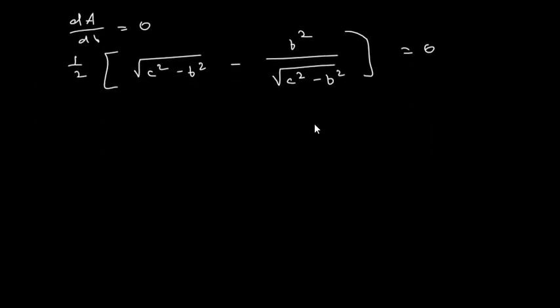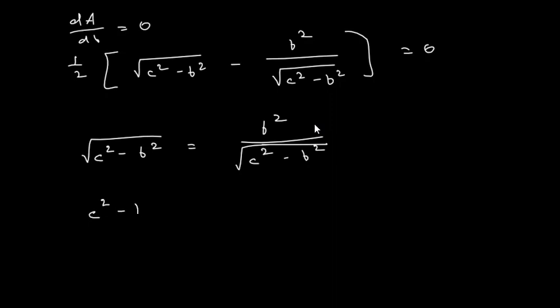So this gives us, we will move this minus term to the right hand side. First this 2 will go there and it will become 0. So we have root of c square minus b square is equal to b square upon root of c square minus b square. Okay, so this is inside root. This root will come here and we have c square minus b square is equal to b square.